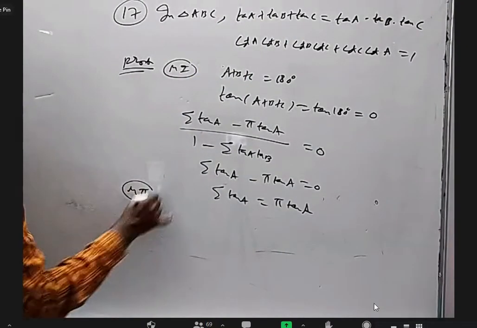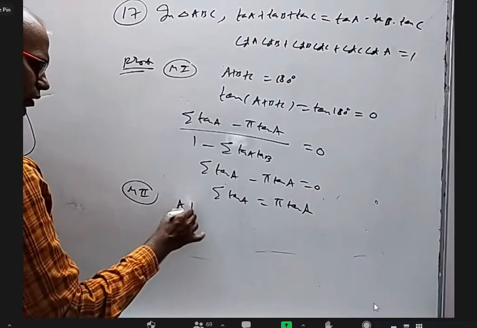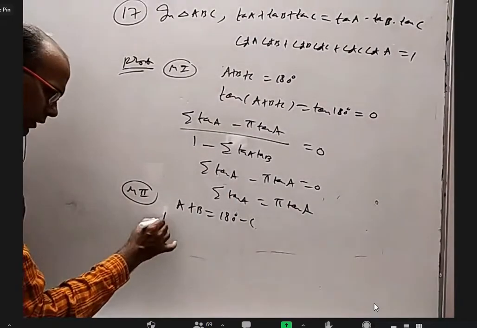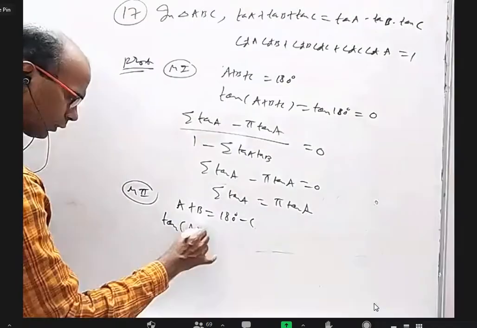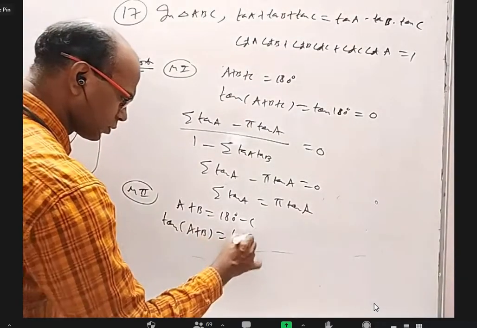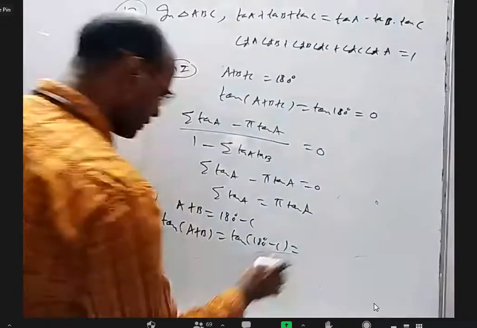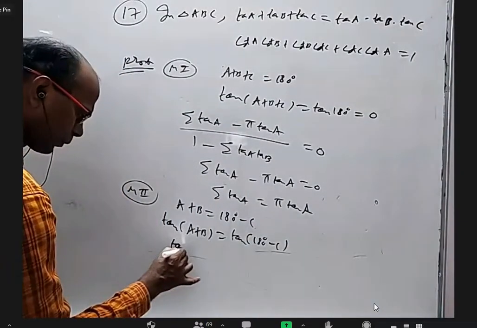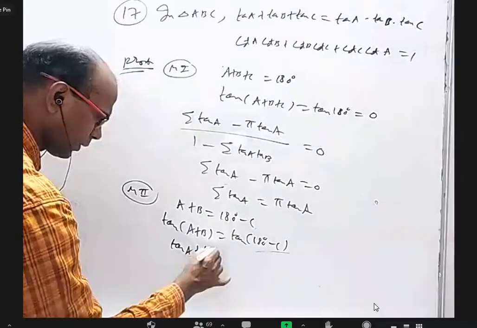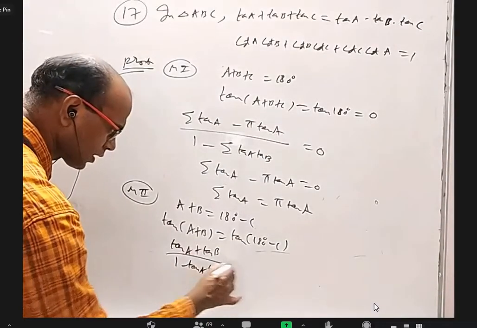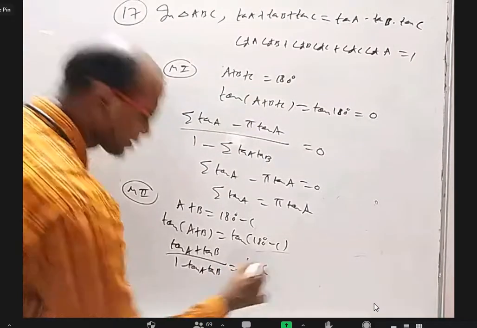You can do another way: send this C to the other side and apply tan on both sides. A plus B equal to 180 minus C. When you apply tan, you will get tan of A plus B is equal to tan of 180 minus C, that is tan C. So it is tan A plus tan B by 1 minus tan A tan B is equal to tan 180 minus theta, which is tan theta only.